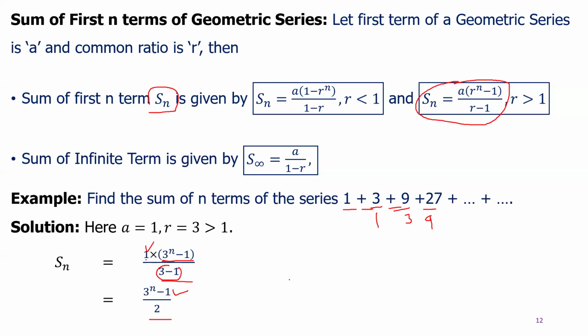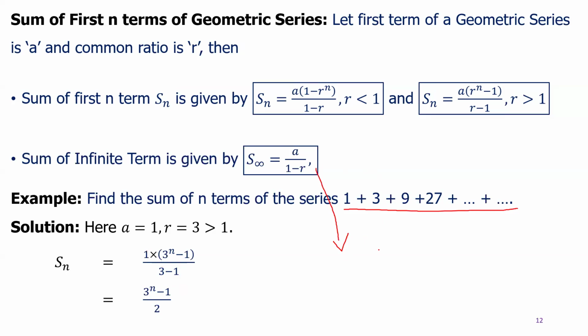Now, if you want to find out the sum of infinite terms of this series, we can apply this formula, and it is nothing but S infinity, which is equal to A, which is 1, upon 1 minus R, which is 1 minus 3, which is equal to minus 1 upon 2.